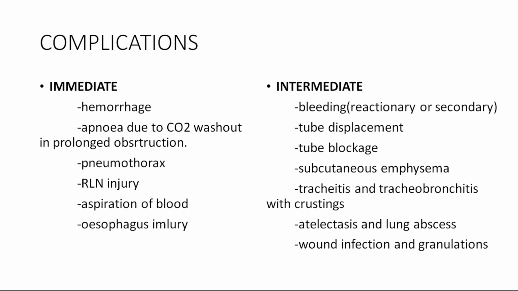When we create a stoma, the CO2 gets washed out suddenly, and this can lead to respiratory center depression. Also pneumothorax, because the pleura can get injured while creating a tracheostomy stoma.